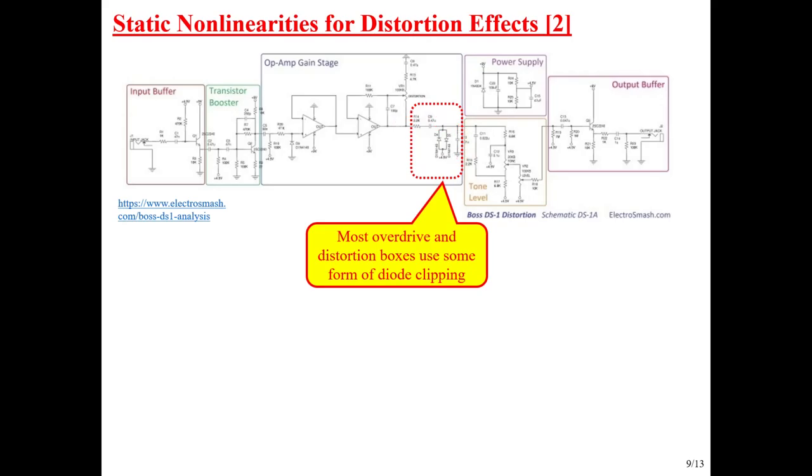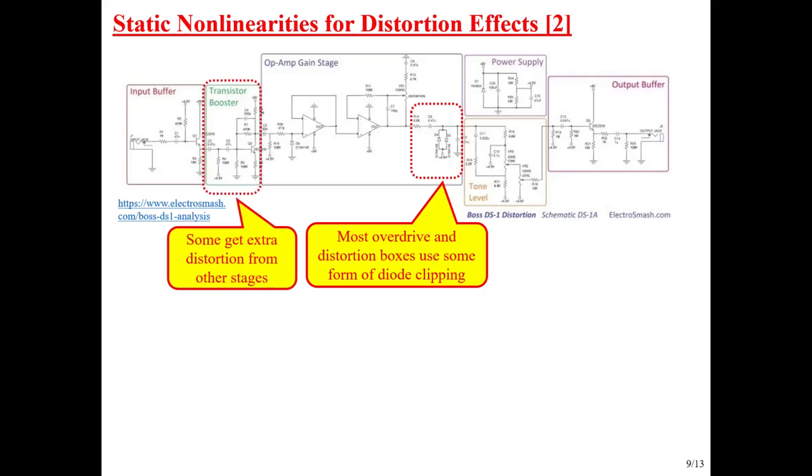But that's the heart of the distortion sound of so many different distortion boxes or overdrives. So the DS1 just has it sitting here between the output of an op amp and a tone control, and the Ibanez Tube Screamer had it up in the feedback loop of an op amp. But nonetheless, it's the key to these things.